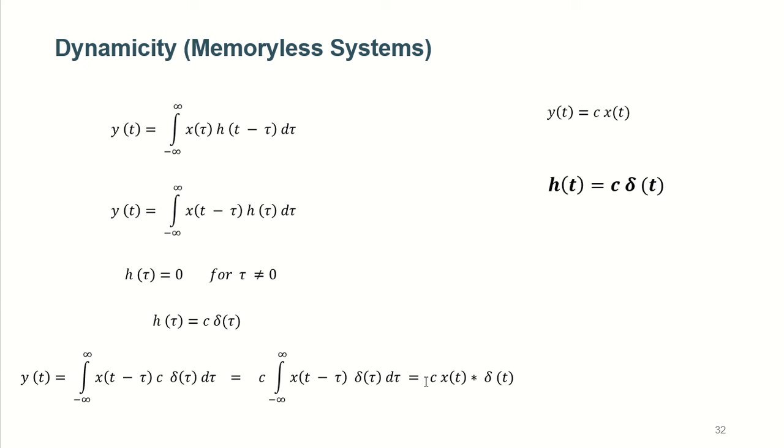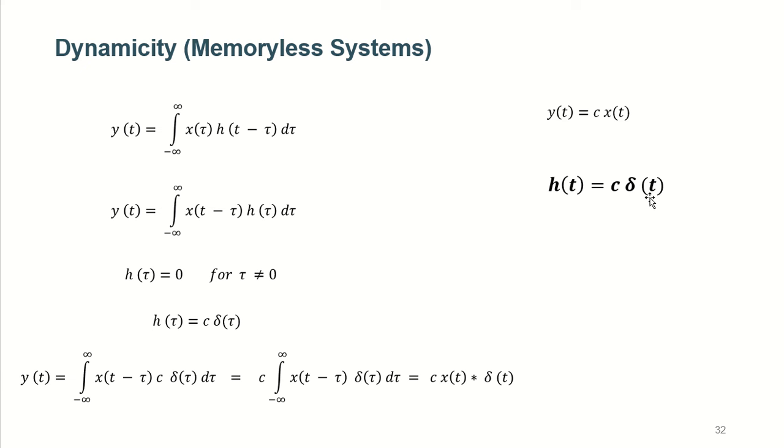So what did we learn here? That the convolution is becoming a scaling operation for my static systems or my memoryless systems, and because of that we can say that the system is memoryless or a static system only and only if the value of my h will be c into delta t, right?